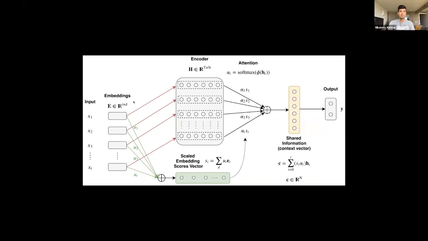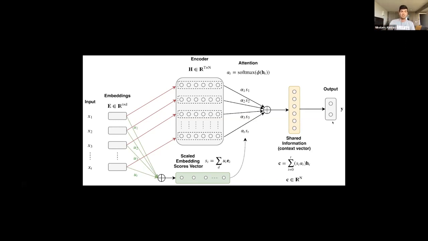What we do is we learn those weights, we multiply them with the embeddings, and then we sum together all the embedding dimensions to learn a saliency score for this particular word in the input. And then we just multiply the attention score with this scaling factor, and we pass it through the rest of the network for making a prediction.